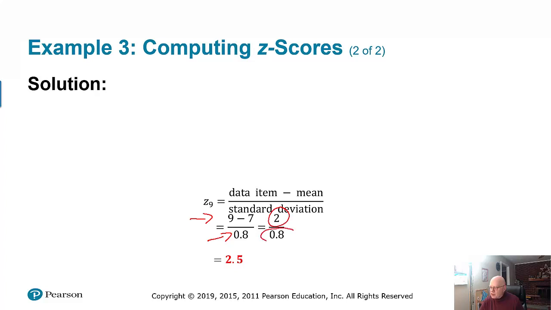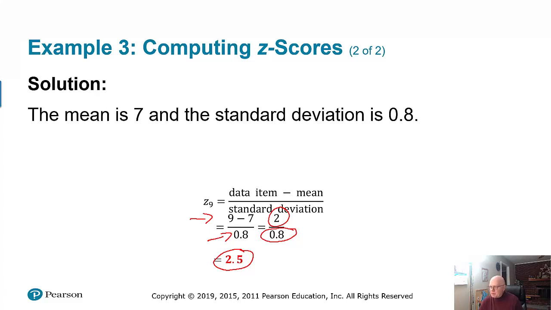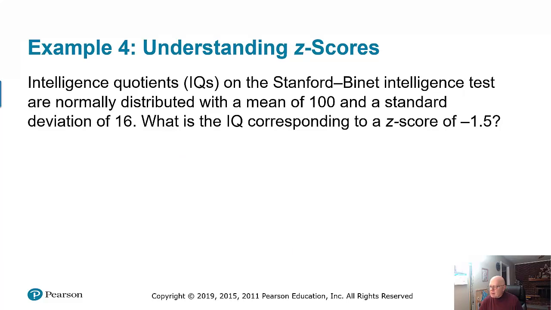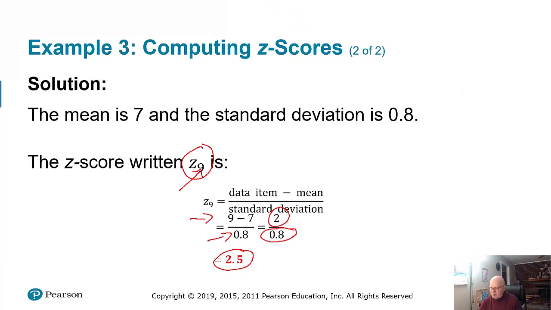A little bit of simplification and maybe some calculator work, or maybe you can do it in your head. That's even better. So the z-score for a value of 9 in this situation is 2.5.